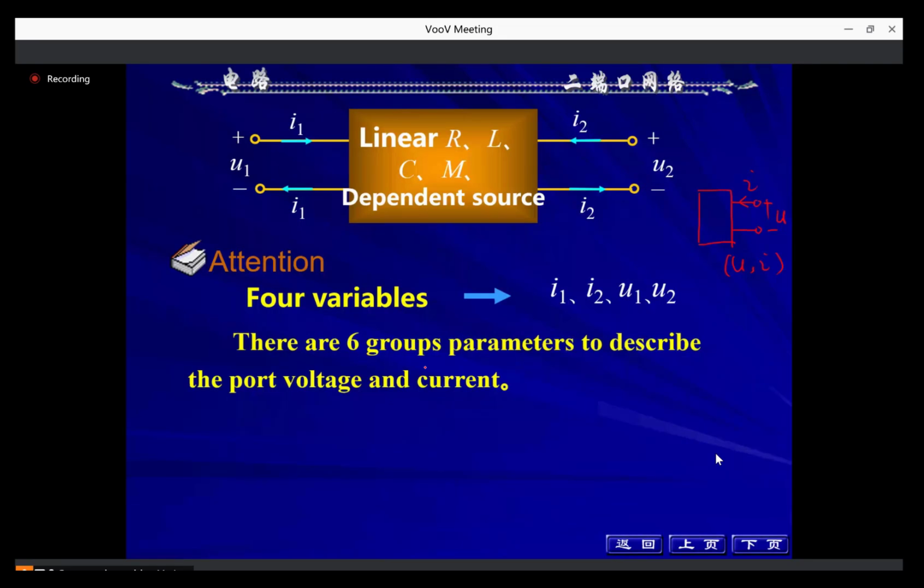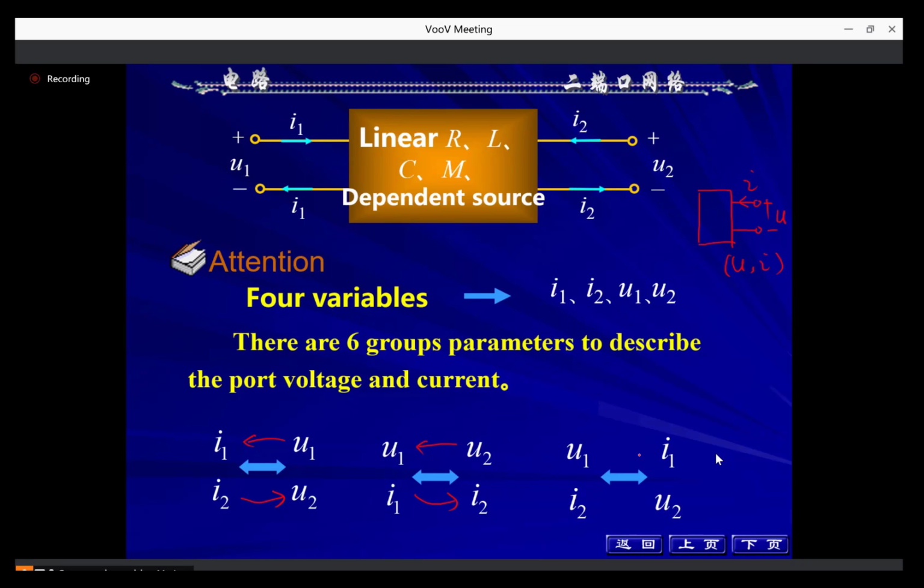So there are a total of 6 groups of parameters to describe the port voltage and current relation. We can use U1, U2 to express I1, I2. We can also use U2, I2 to express U1, I1, or the inverse. Or use I1, U2 to express U1, I2, or the inverse. So we have a total of 6 parameters.